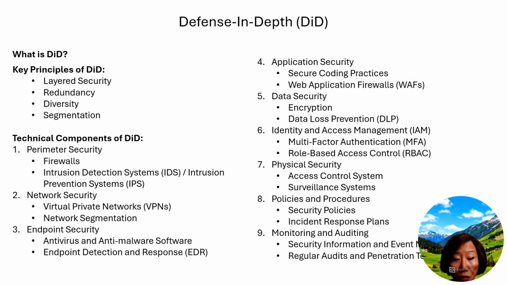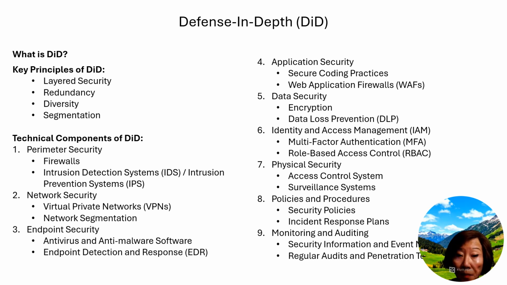I'm going to go through quickly a few key principles of defense in depth. First is layered security. Multiple security controls are implemented at different layers of the IT infrastructure. If one layer is compromised, additional layers continue to provide protection.